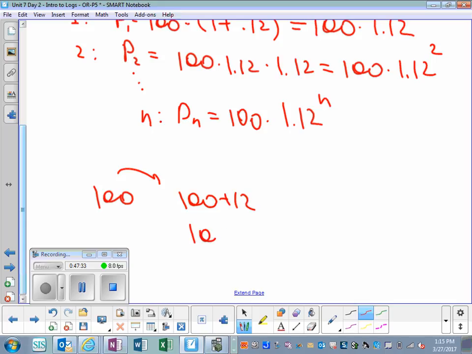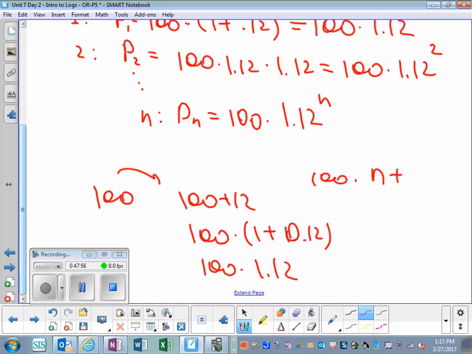But it's really 100 times 1 plus 0.12, which is 100 times 1.12. See?